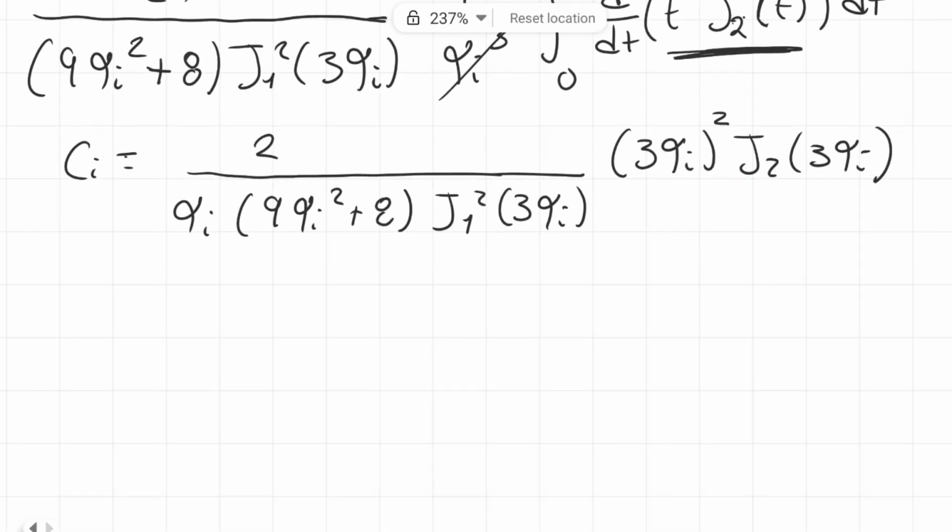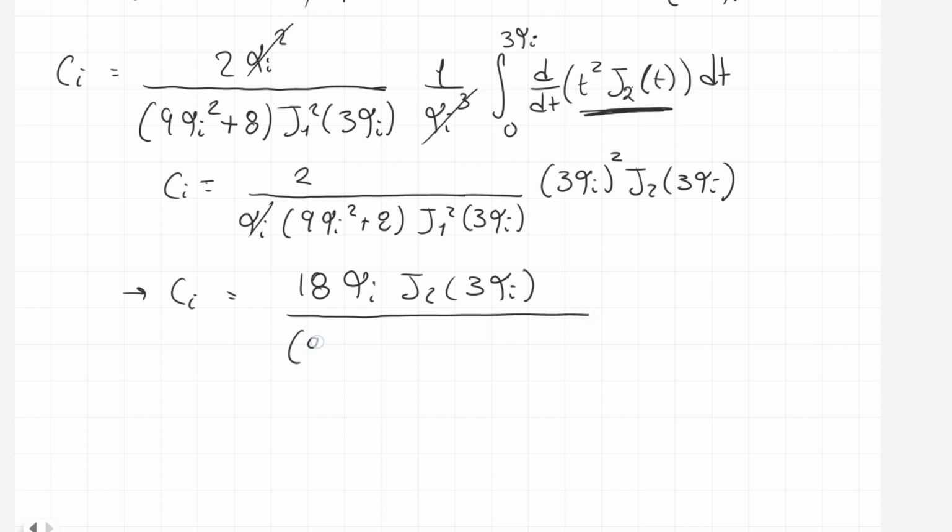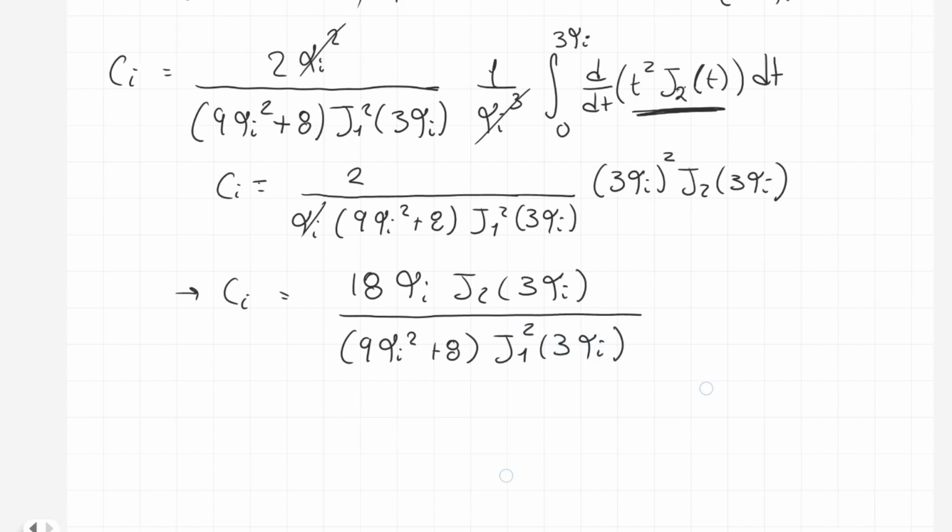Perfect. We can cancel an alpha i from here with this alpha i. So we are going to get that Ci is equal to 3 squared is 9 times 2 will be 18 alpha i j2 of 3 alpha i, and then this is divided by 9 alpha i squared plus 8 j1 of 3 alpha i, and this is squared, right?